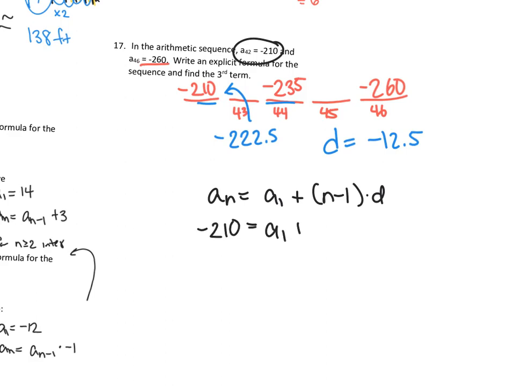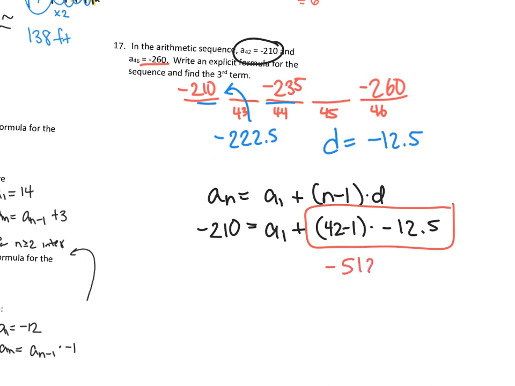I don't know the first term, but I know that there's 42 minus 1 because this is the 42nd term and I know the common difference is negative 12.5. So I can simplify this in my calculator and it's negative 512.5. And I could add that to the other side to get the first term is 302.5.